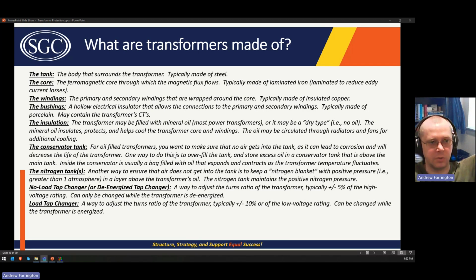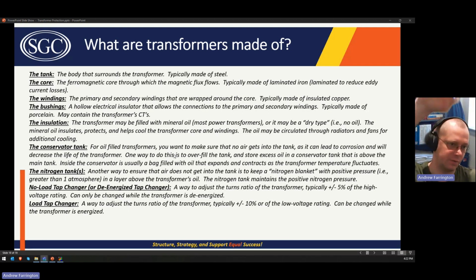And then as the oil expands, it just fills up more of the conservator tank. And then as the oil cools, it settles back down. But at no time does the inside of the transformer ever become exposed.